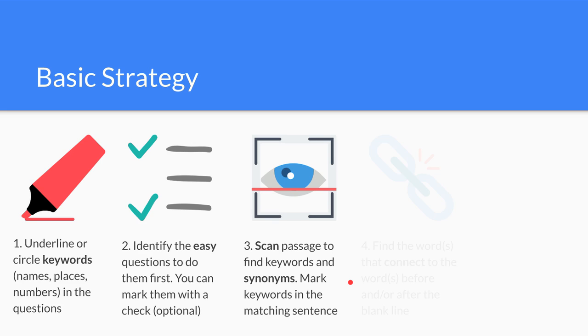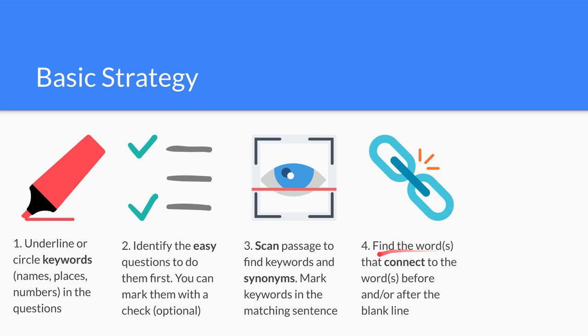Next, you have to find the words that connect to the words before and after the blank line. So what I mean is that when you have a fill in the blank question, there's going to be a blank line where you have to fill in your answer. But you have to make sure that the answer that you are going to fill in fits.